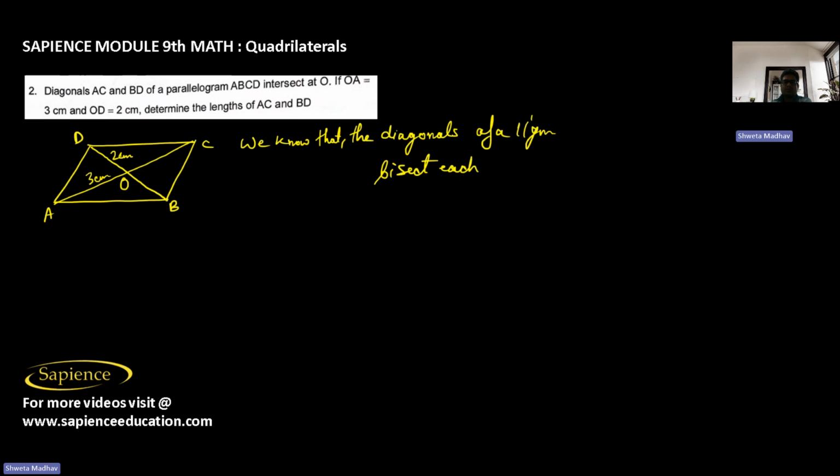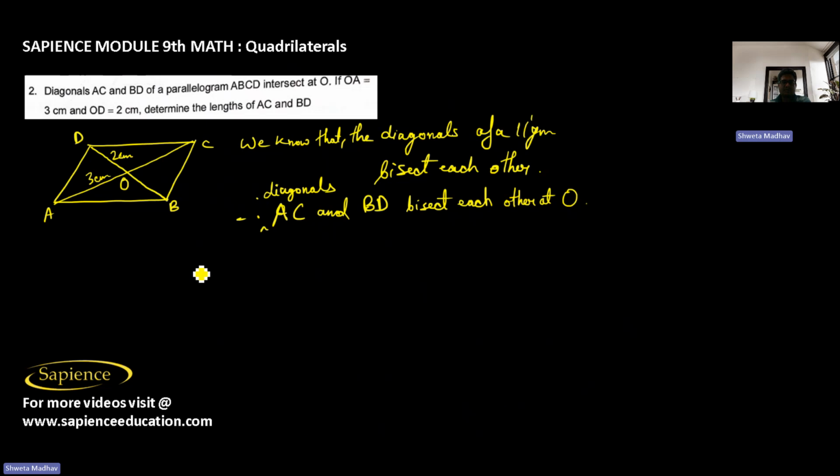So therefore we can say that the diagonals AC and BD bisect each other at the point O.